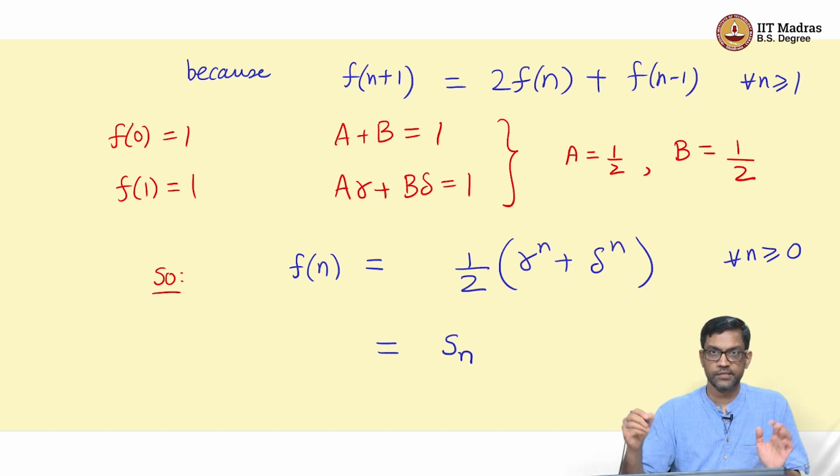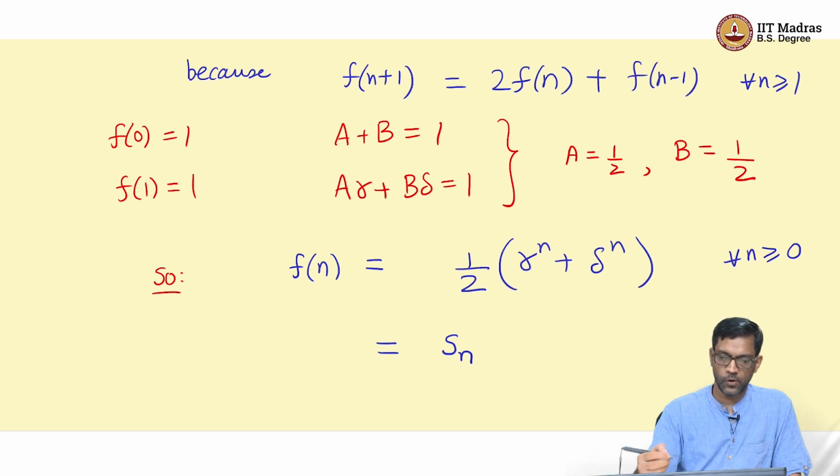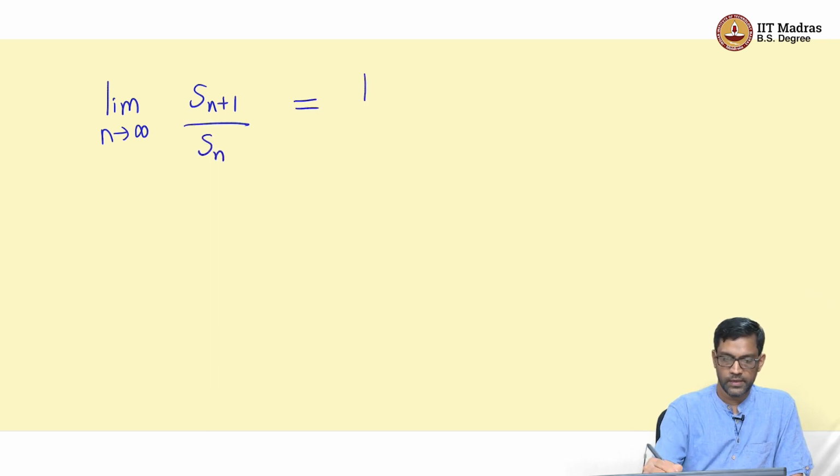Okay, so same reasoning that we did for the Fibonacci case. Now here's the interesting corollary. Like we had in the Fibonacci situation, we can ask what do you get if you now take successive quotients of this sequence Sn. Well, we just use the formula.